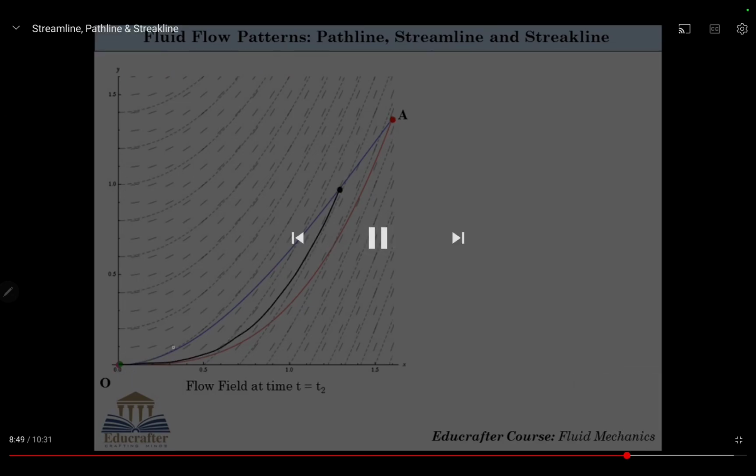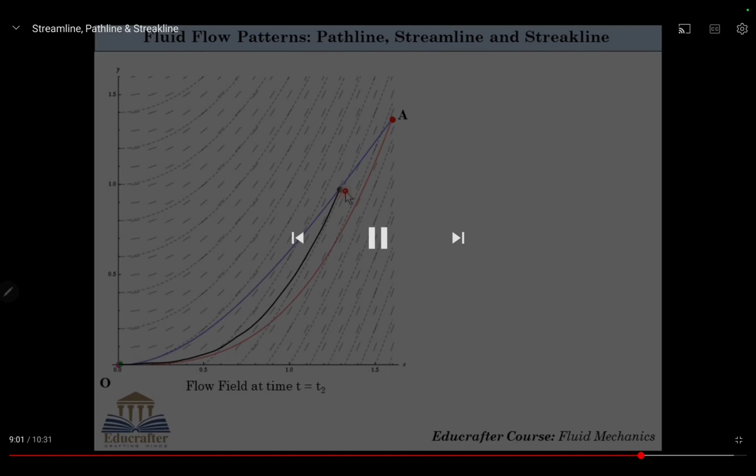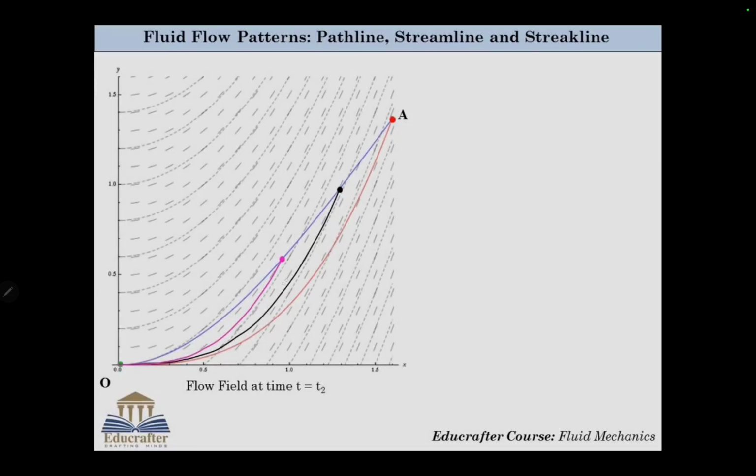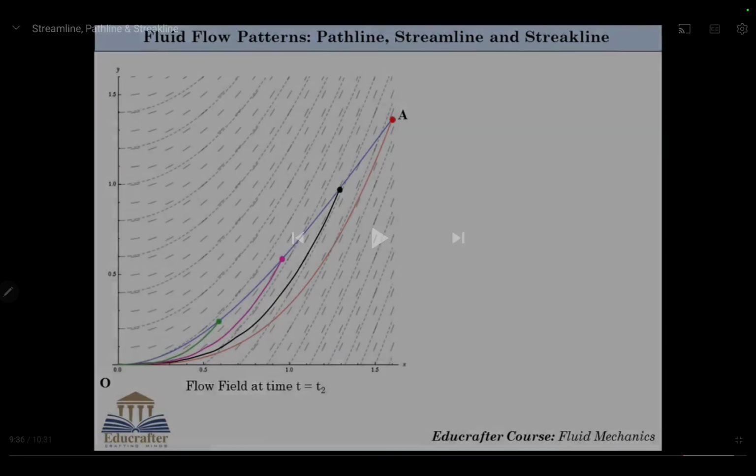So the black, there is another particle after red which moves like this, then there is another particle which is green. Okay, the next particle is pink which goes like this, and similarly the green particle.